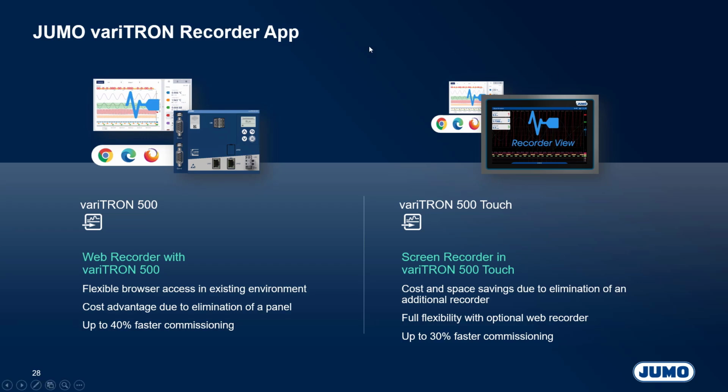Everything I told you for the variTRON 500 is available as an option. So maybe if you need it from a second place via a laptop or a PC, but I think the main use case is to use it here on the panel. And also there we have up to 30% faster commissioning in comparison to installing a PLC and a screen recorder.